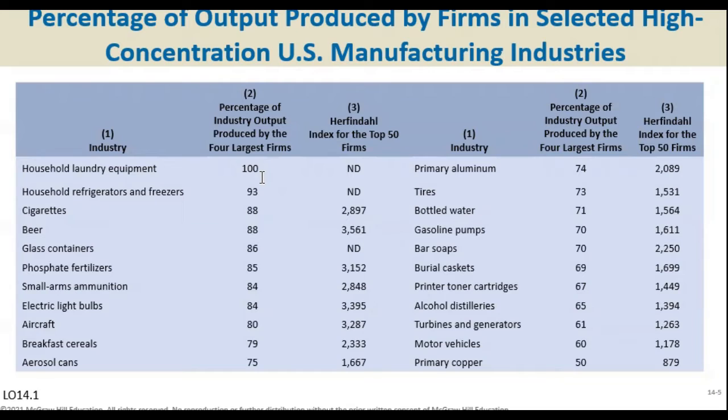A 4-firm concentration ratio of 40 or more indicates that we are in the presence of an oligopoly. In this table, ND stands for not disclosed information. This is published by the Bureau of Census and represents 2012 data.